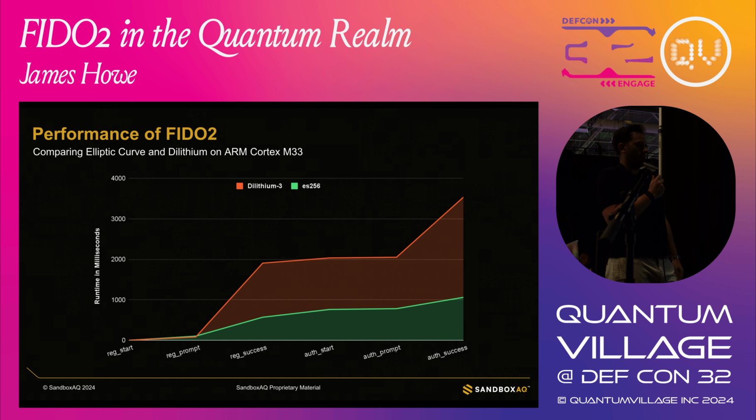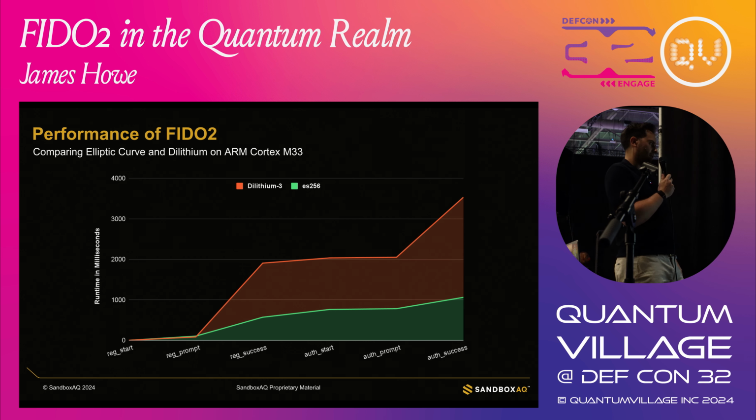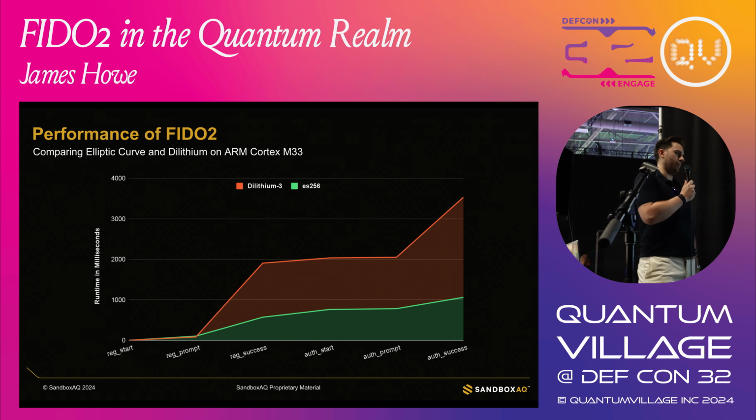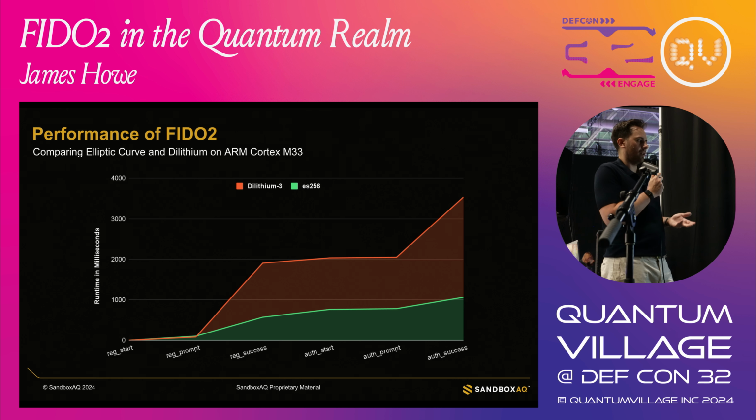That's expected, because you're not doing anything computationally intensive. Then once you start authentication and succeed in the end, you see another big increase. I think in the end you're looking at 3.5 to 4 times longer for the user for the end-to-end experience.